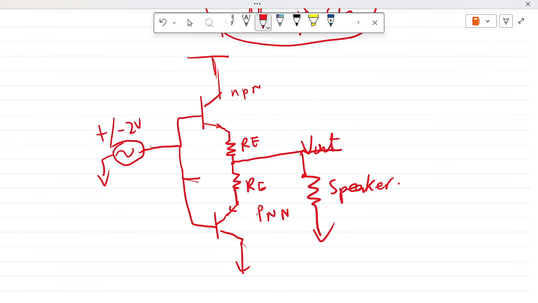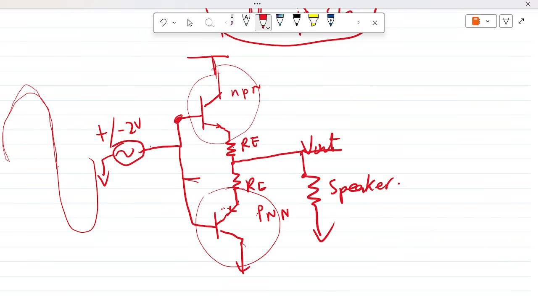Okay, so this time around, when the signal goes in, in the upper cycle, the base-emitter junction of this transistor would be on, while during that cycle this transistor would be off.